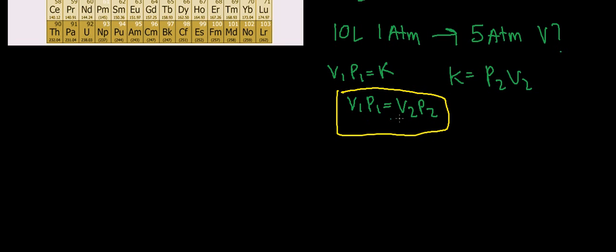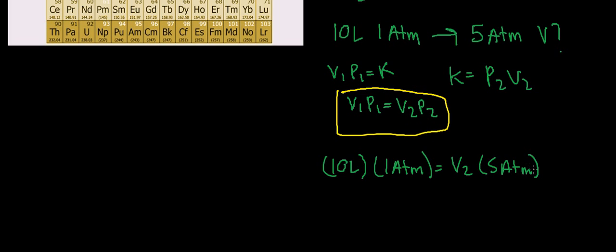And now I can just go about filling this in and solving it. Volume 1 is 10 liters. Pressure 1 is 1 atmosphere. Volume 2 is my unknown, times pressure 2, which is 5 atmospheres. I'll multiply these out.